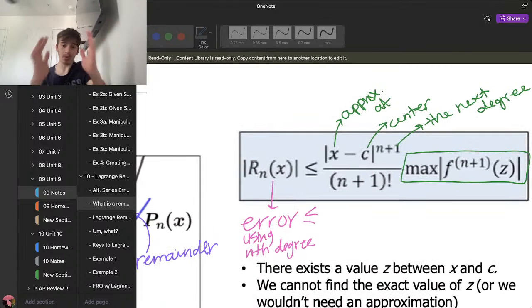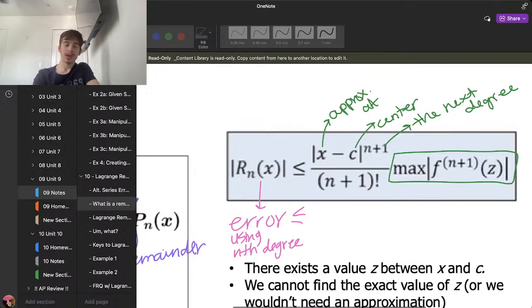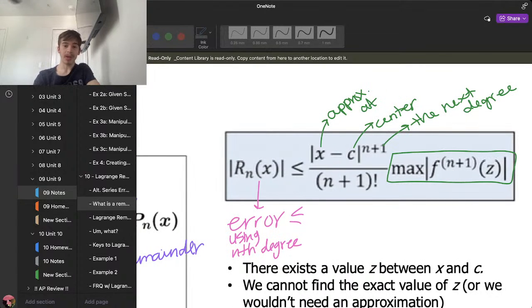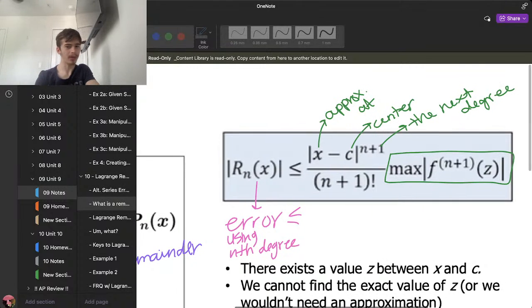Error, absolute value of error, is less than or equal to the absolute value of x, which is where you're approximating at, minus the center, to the power of n plus 1. So the next one, just like alternating series, you take the next degree, divided by n plus 1 factorial, times the maximum value of the absolute value of the next derivative.